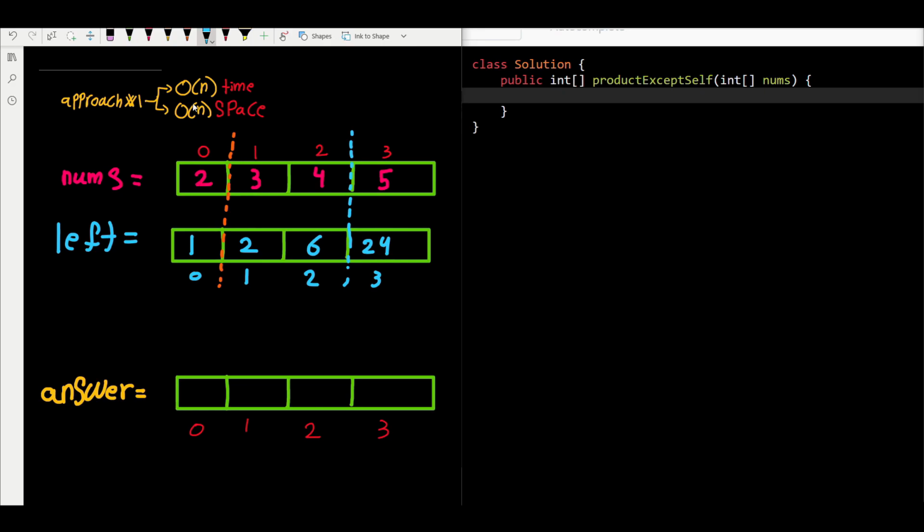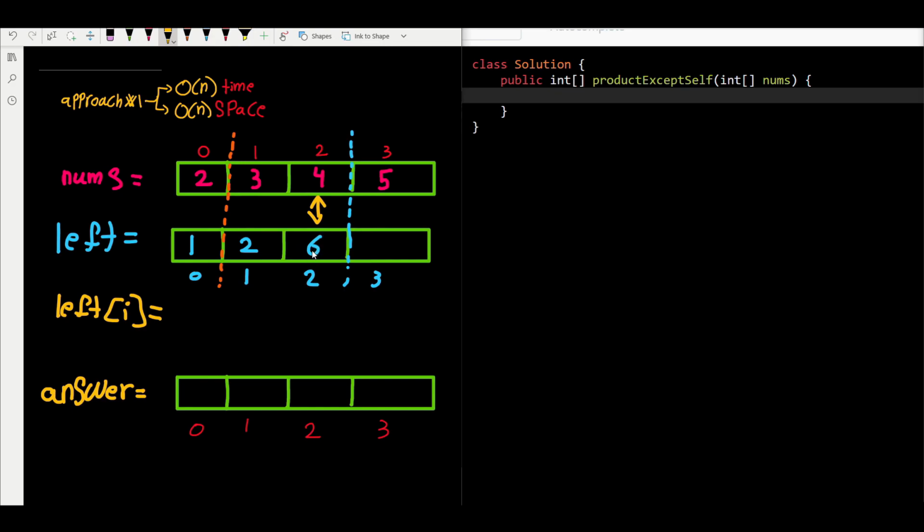Now you can see that for this left array, we can say that, hey, the left at index I equals what? Well, let's go again here. We said when we need to fill out this, we need to multiply all the numbers to the left of index 3. And we said, hey, we can take this and multiply it with this.